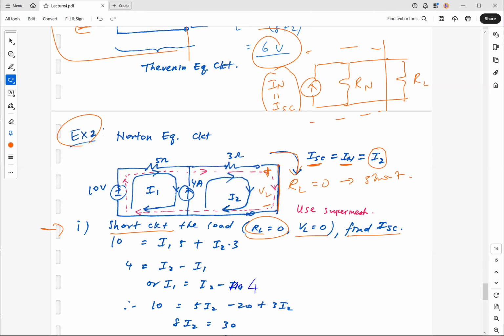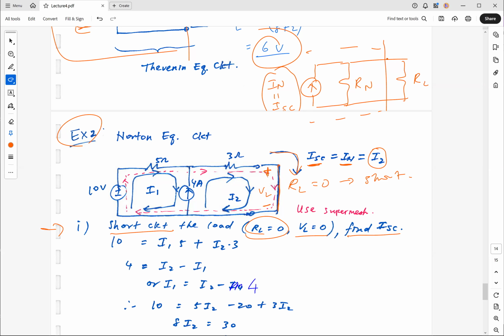Okay, so I have ISC, which I need to find. If I know I2, I know ISC. So it comes down to just solving for I2 using mesh analysis.